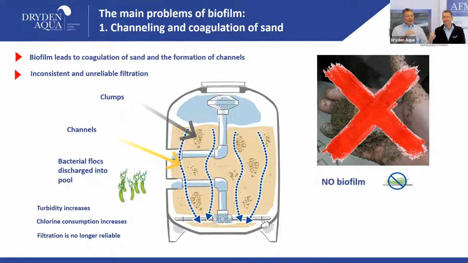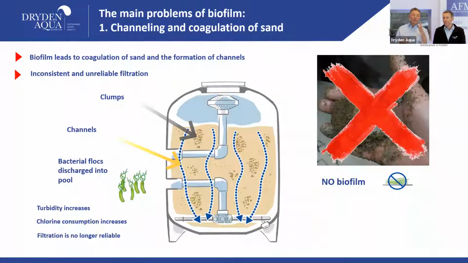But when they move in, they produce the food for the heterotrophs and vice versa. So this is usually after 3 to 6 to 12 months, depending on the load, the temperature, and the backwash regime. But this is when this biofilm becomes a lot more dynamic.